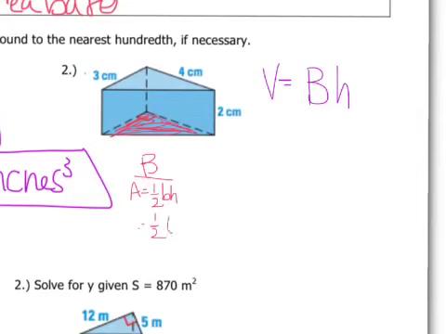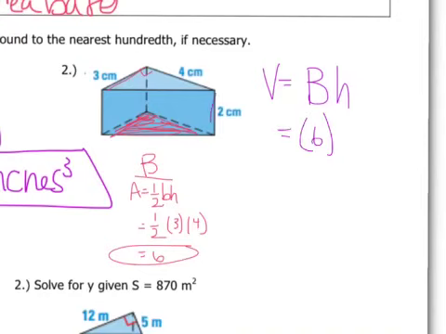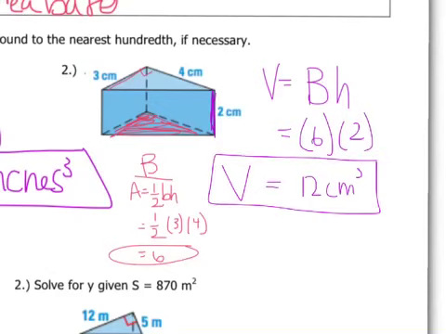And what is the height of the triangle? 4, exactly. The area of the base is 6, so we can plug that in. And then the height of the prism, again, is the distance between the bases, which is 2. 12 centimeters cubed.